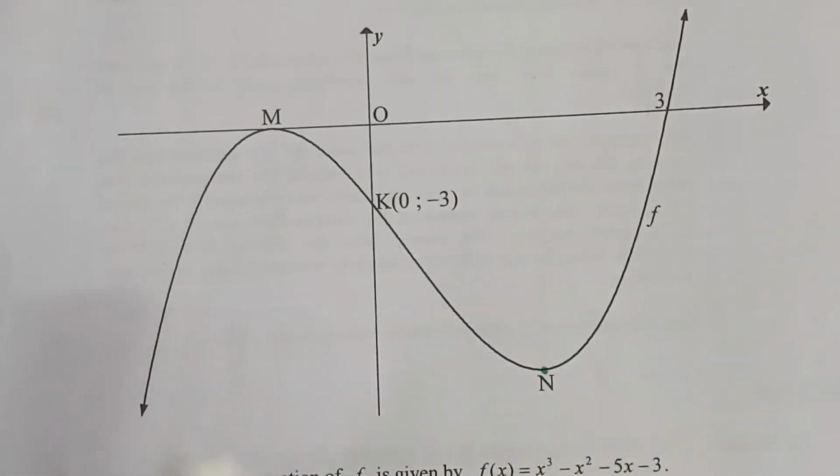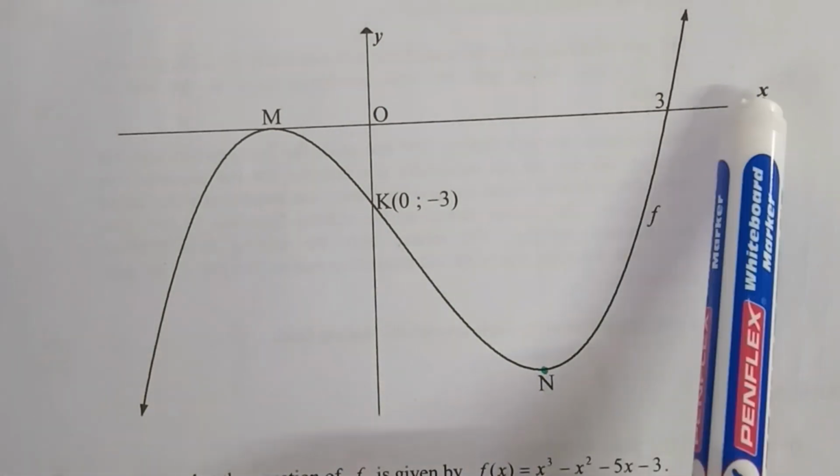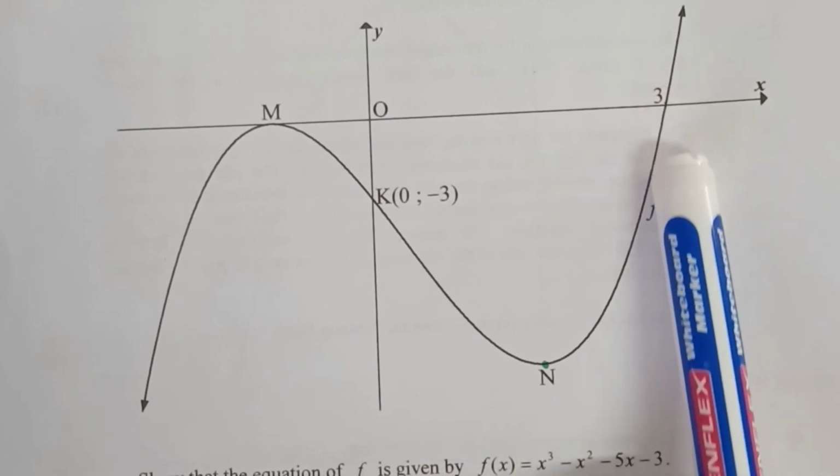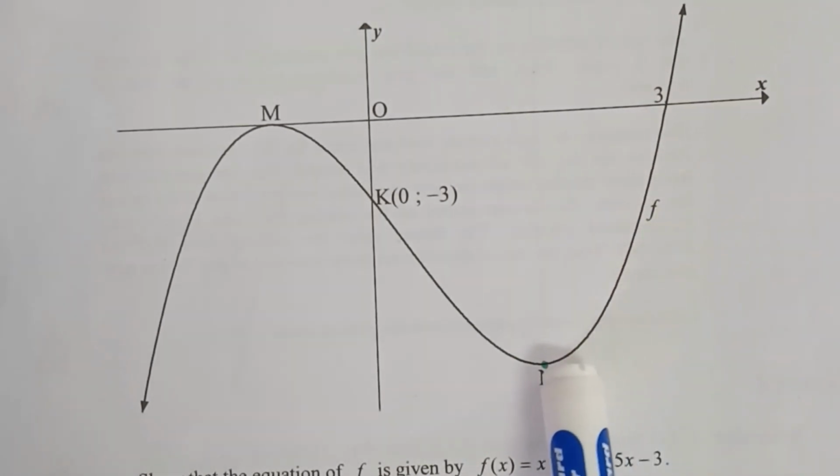So now let's write our interpretation. From this value of x, you go down, you go down. Here, our value of y is negative.